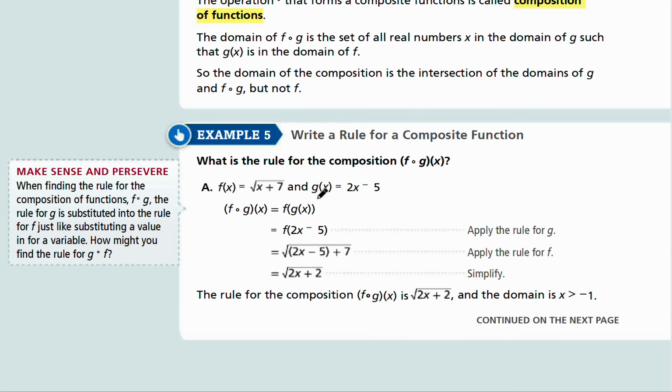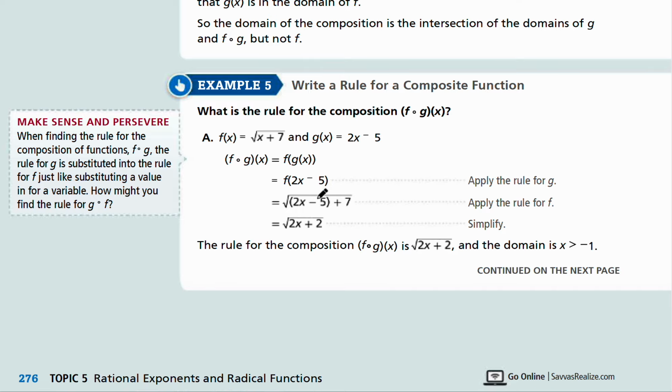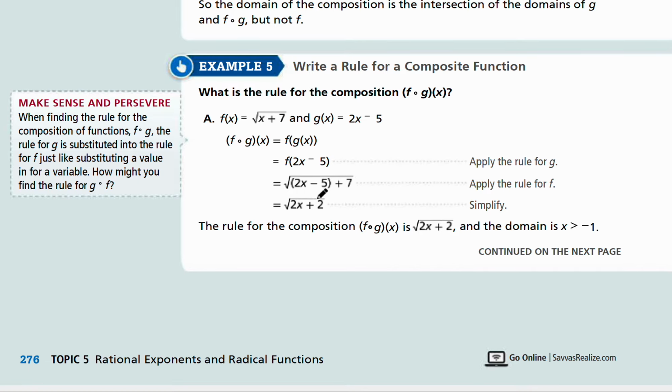Let's look at example 5. Write a rule for a composite function. What is the rule for the composition of f of g of x? f of x is this, g of x is that. And so f of g of x would be f of 2x minus 5, because g of x is 2x minus 5. Substituting 2x minus 5 into your f of x function, you get the square root of 2x minus 5 plus 7.